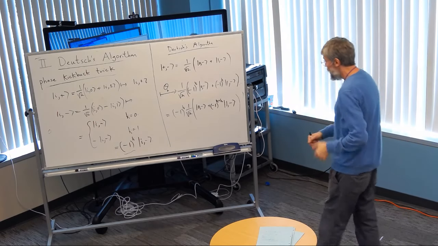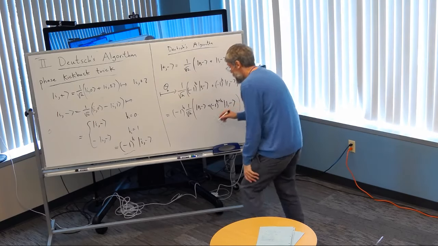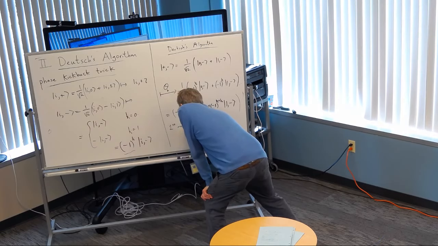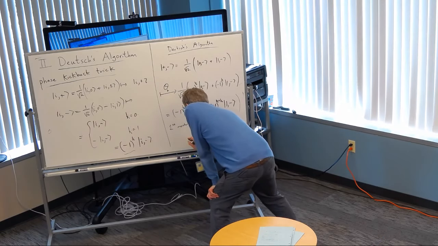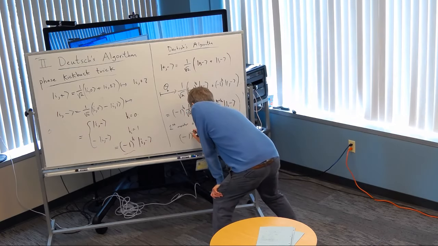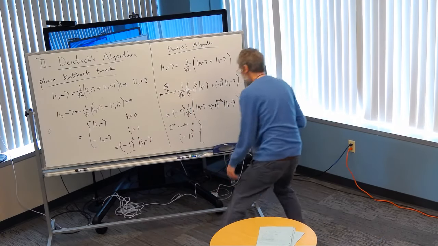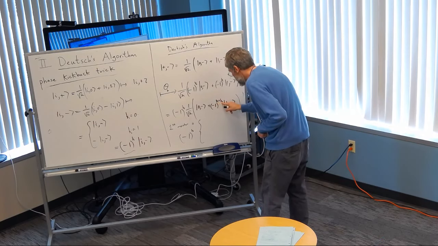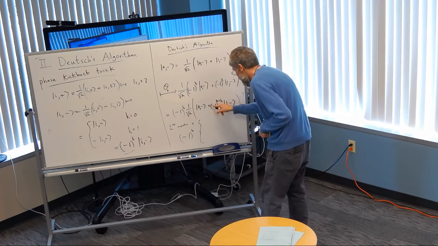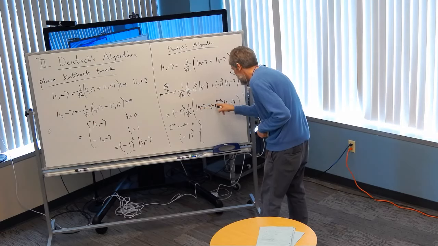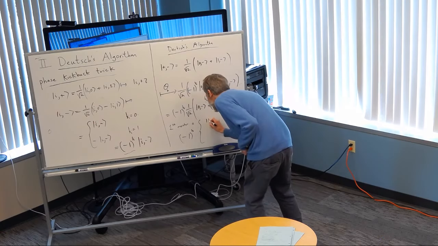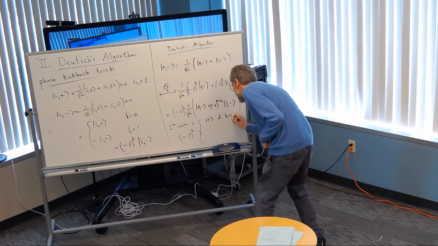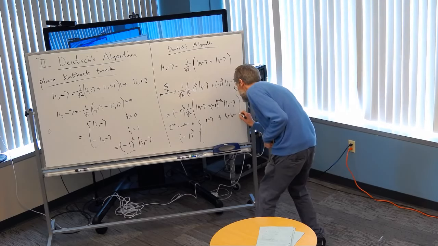Okay, and then look at what you have in the first register. In the first register is (-1)^(b0+b1). If this mod 2 sum is 0, then this is 1, so you get 0 plus 1, a plus state, if b1 plus b0 is equal to 0 mod 2.